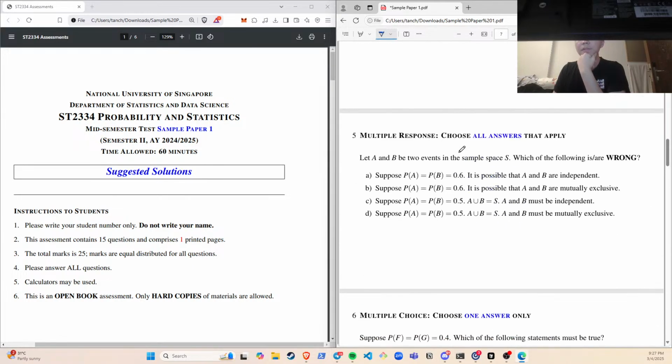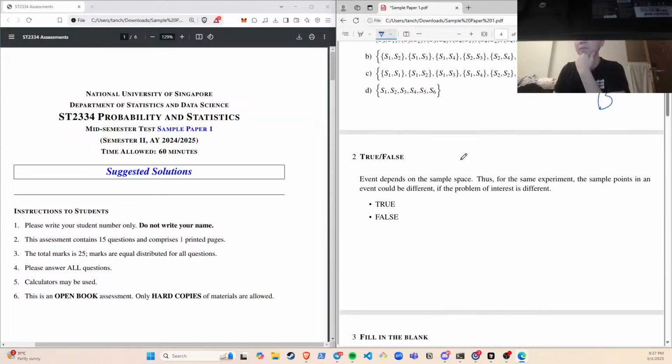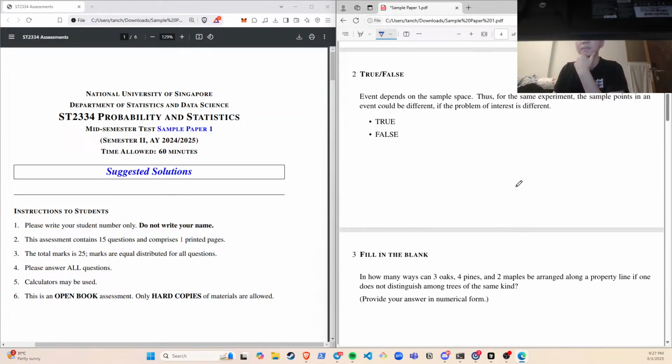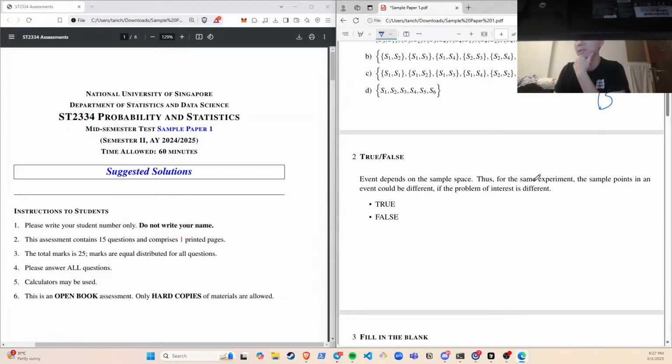Okay, I'll do maybe every five questions, then I will move to the next and check my answers. Events depend on the sample space. Thus for the same experiment, the sample points in an event could be different if the problem of interest is different.